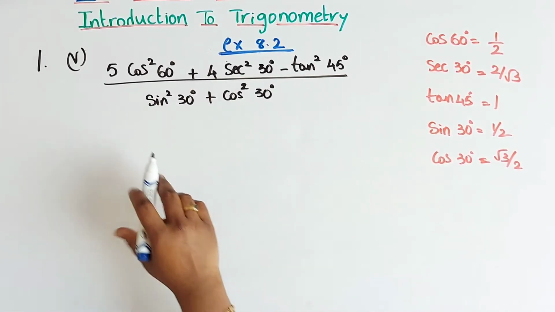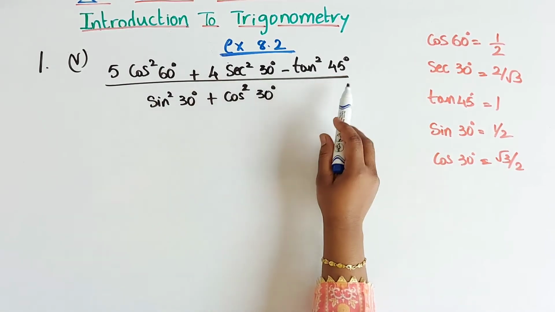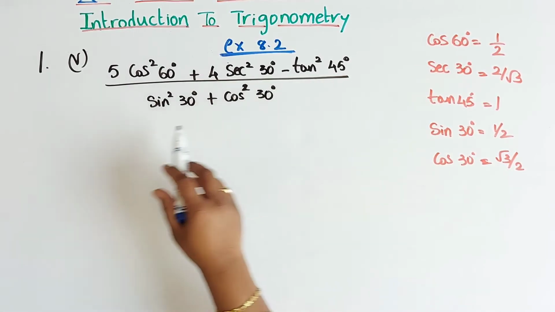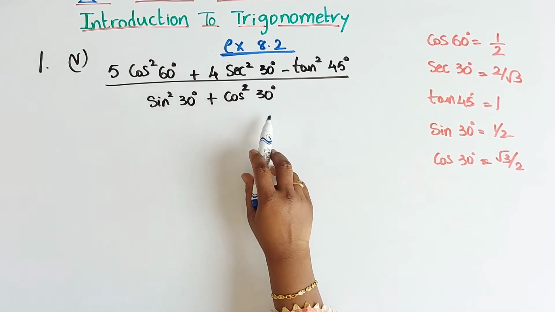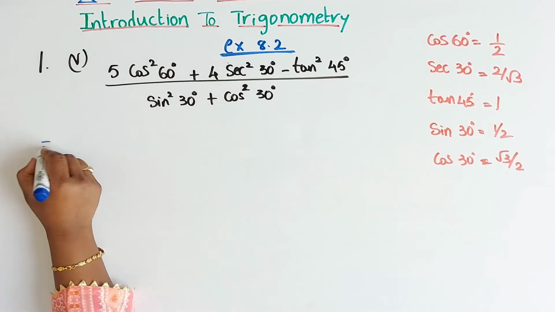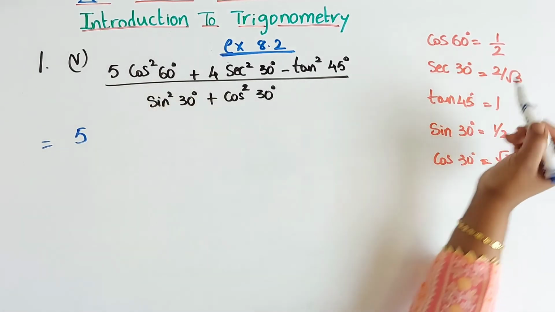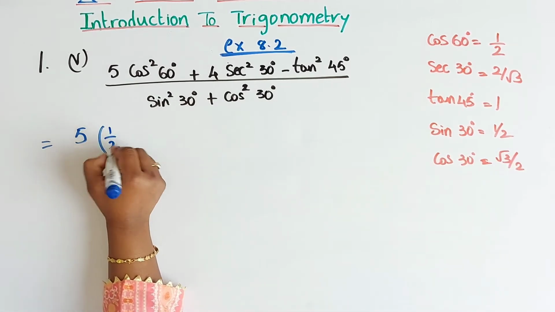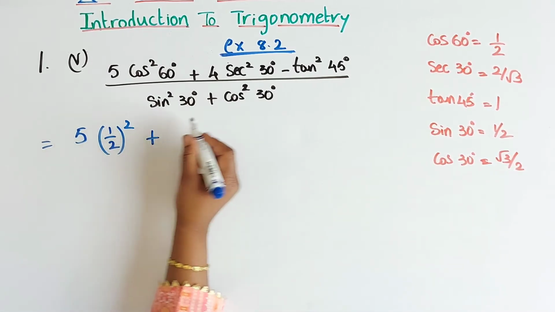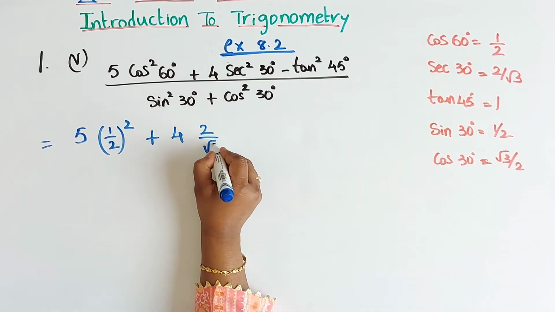Fifth question, children. 5 cos square 60 plus 4 secant square 30 minus tan square 45 divided by sin square 30 plus cos square 30. Here we already have the values. Let's substitute the values here. 5 cos square 60. Cos 60 is 1 by 2. Here they have given square, right children? Plus 4 secant 30, which is 2 by root 3.